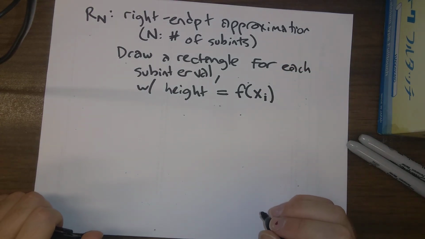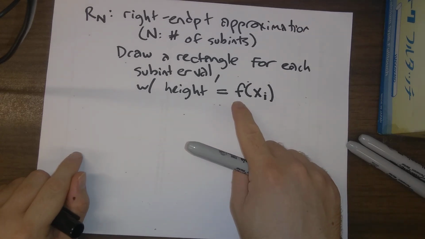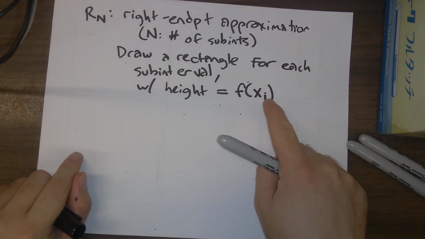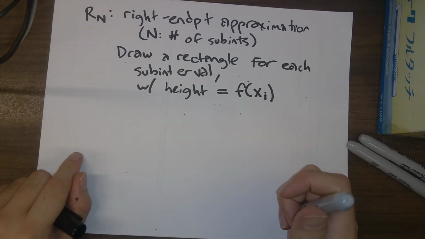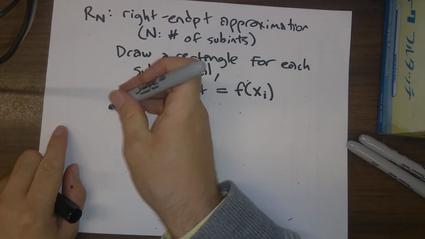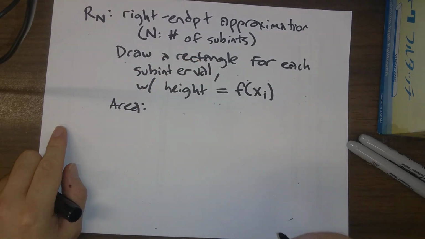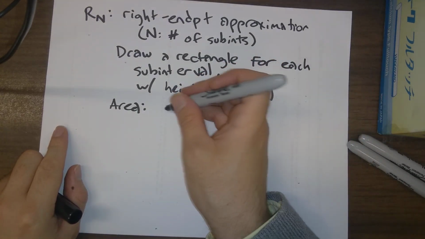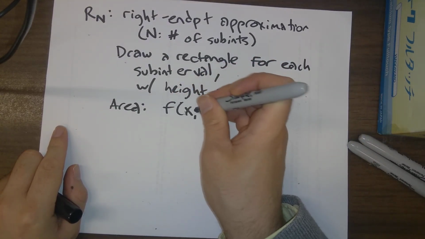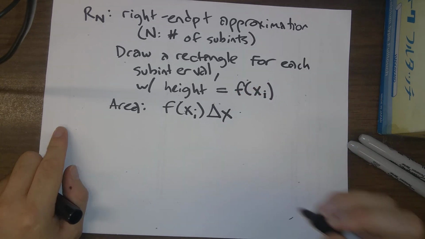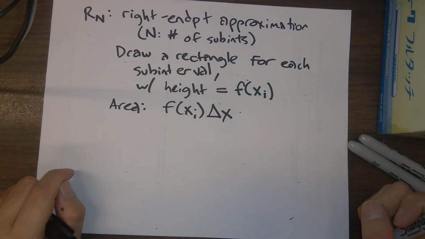So we're just going to use the value of the function at the right endpoint as the height of the rectangle. Of course, the area is going to be the height, which is f of xi, times the base, and the base is that delta x.